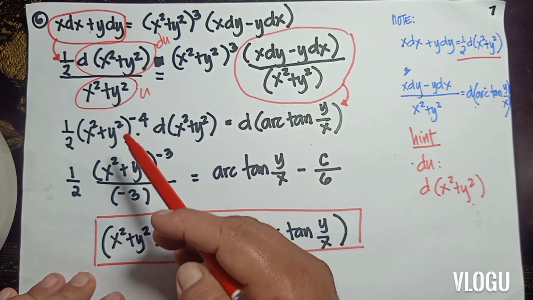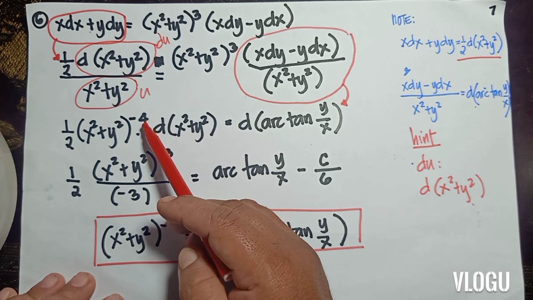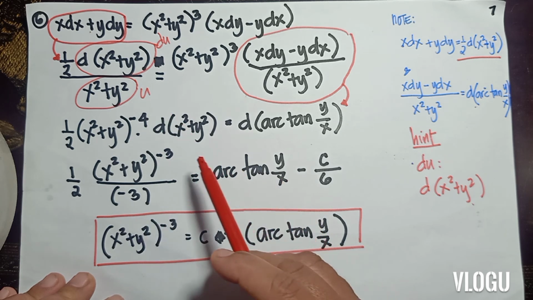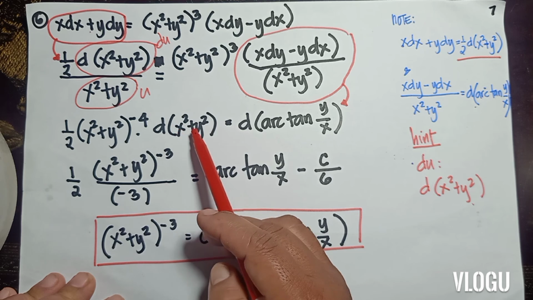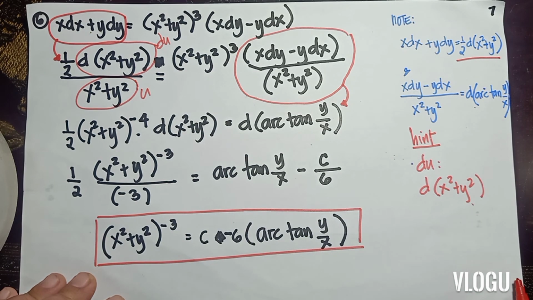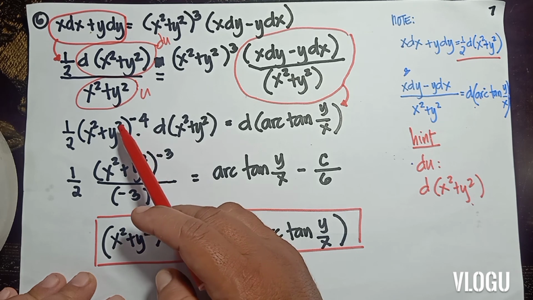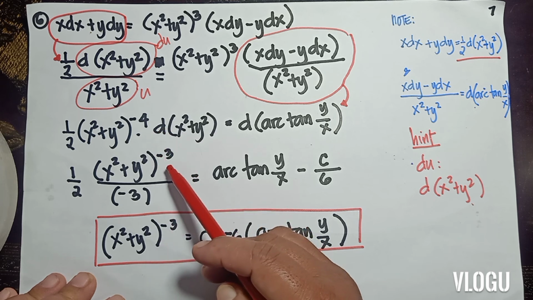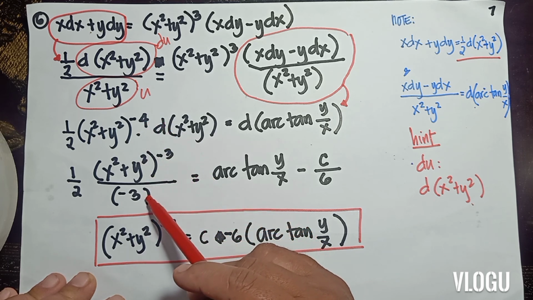So therefore, if that is negative 4, then you will have now a form of u to the n du. So therefore, that is now a complete form of integration. The integral of u to the n du. So therefore, you will have u to the n plus 1. Negative 4 plus 1, negative 3 over negative 3.